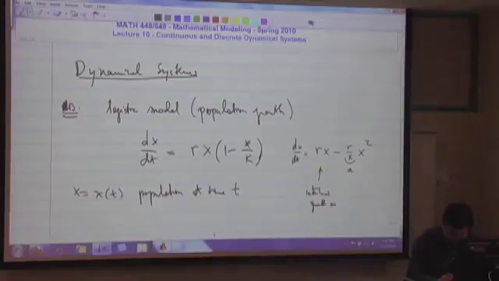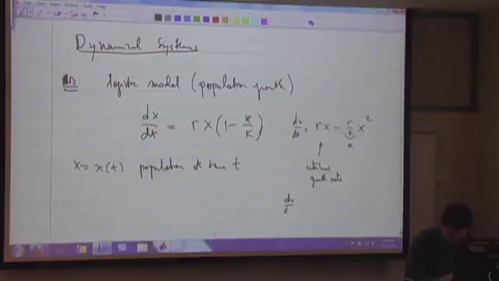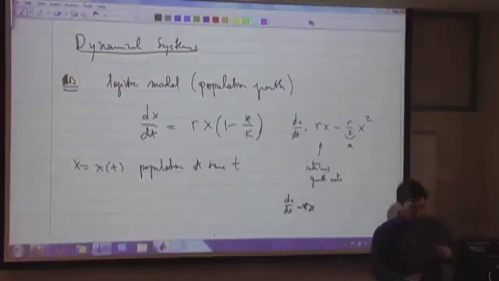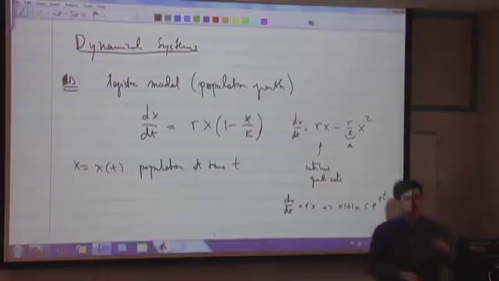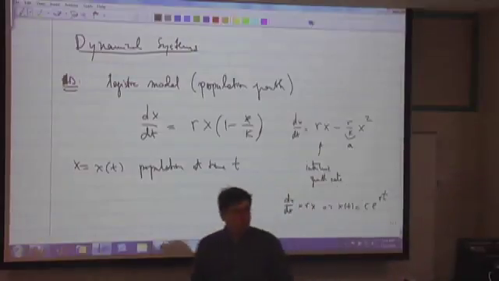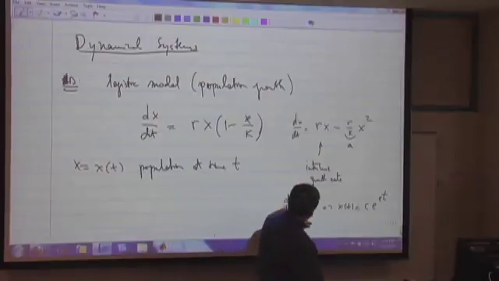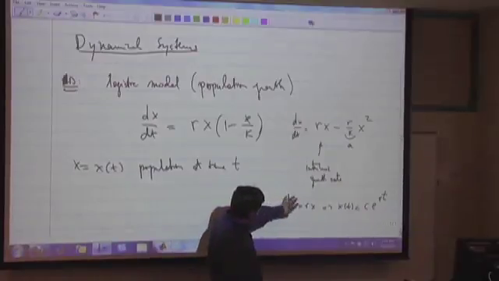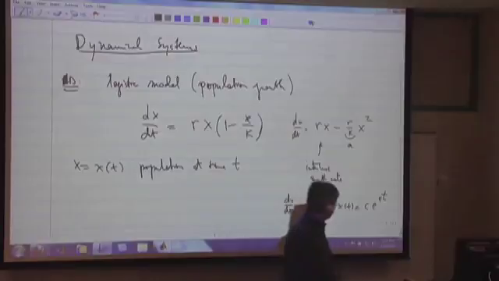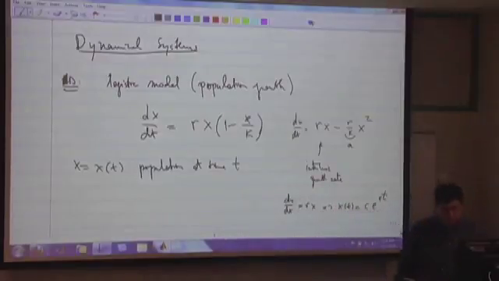If you only look at that effect and ignore every other effect, then you see an exponential growth. And R plays the role of that growth rate. R is the ratio between the growth rate and the current population. So that's called the intrinsic growth rate.